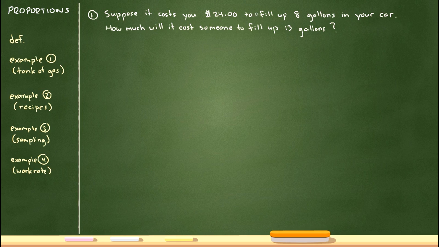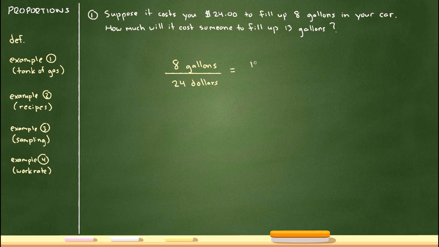So for example, we could get 8 gallons for every $24 spent. And we could equate this to another ratio.